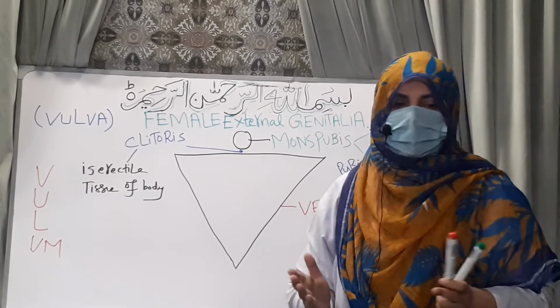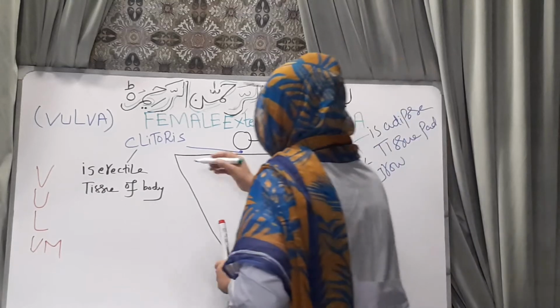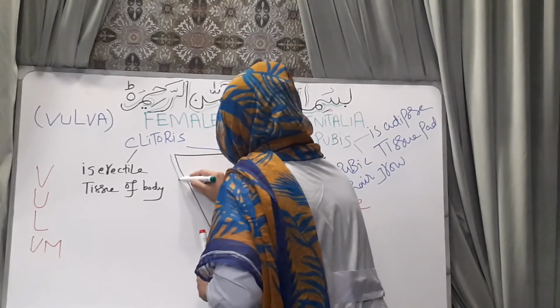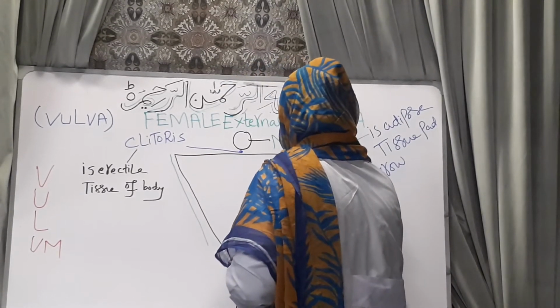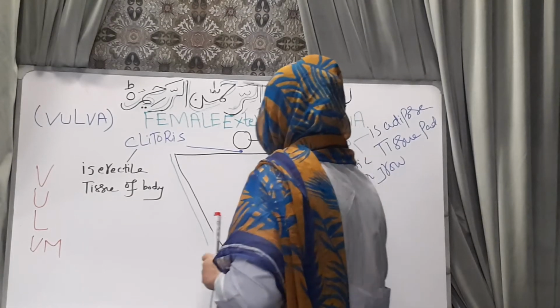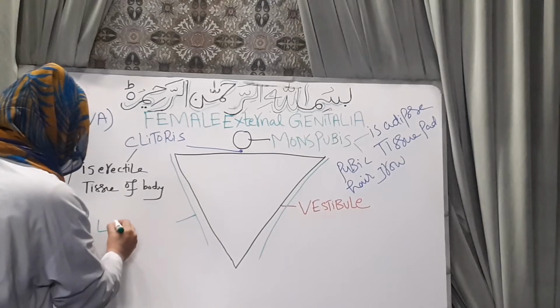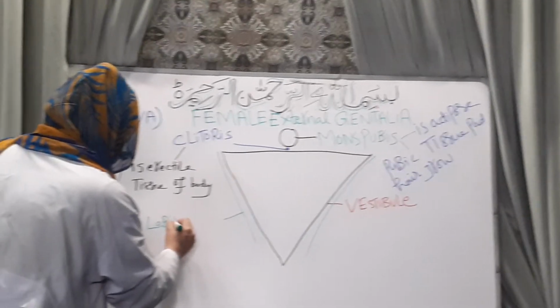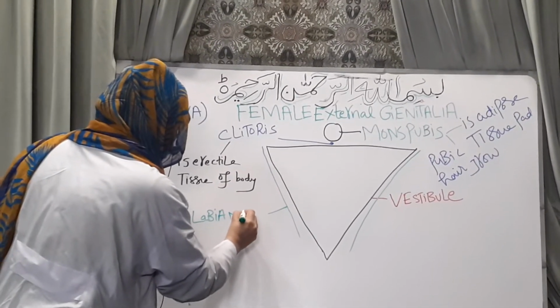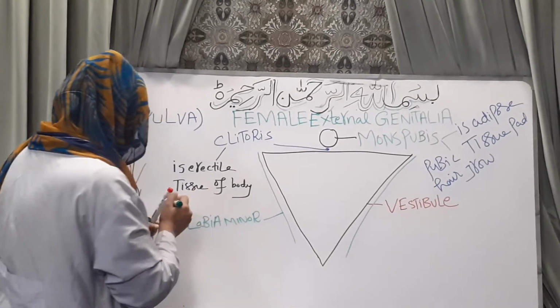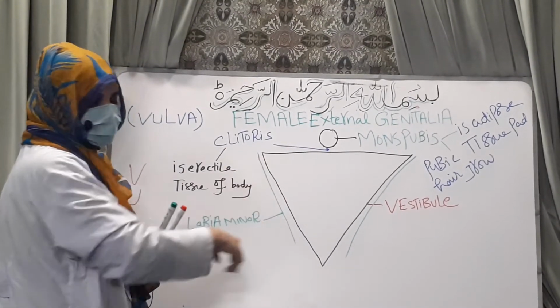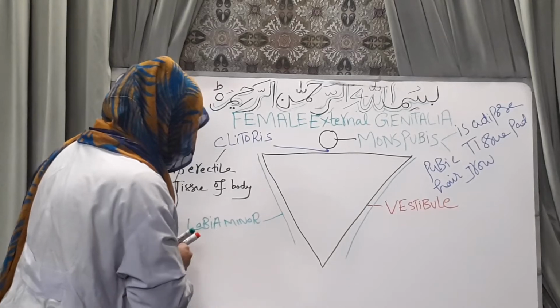Laterally on both sides of the vestibule is another part, which is known as labia minora. Labia minora is present on both sides of the vestibule.